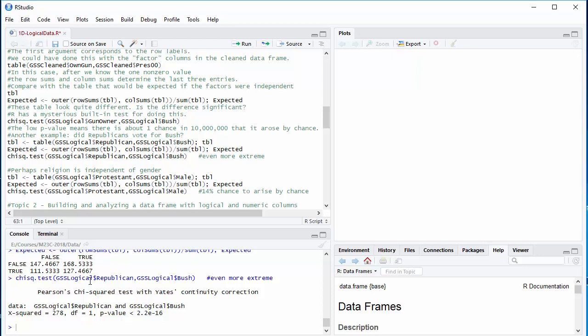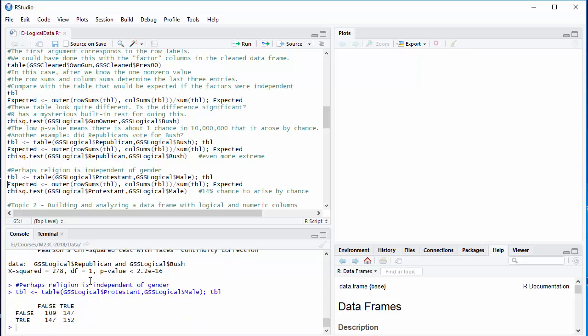Let's see if we can find something where we don't get such a tiny p-value. It seems reasonable that religion might well be independent of gender. We can answer this question by making a table out of the Protestant column and the male column.